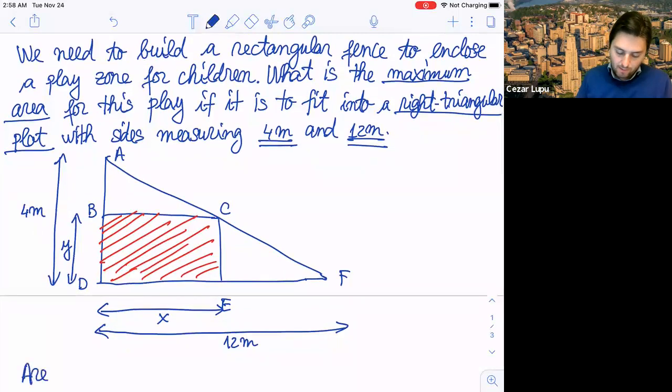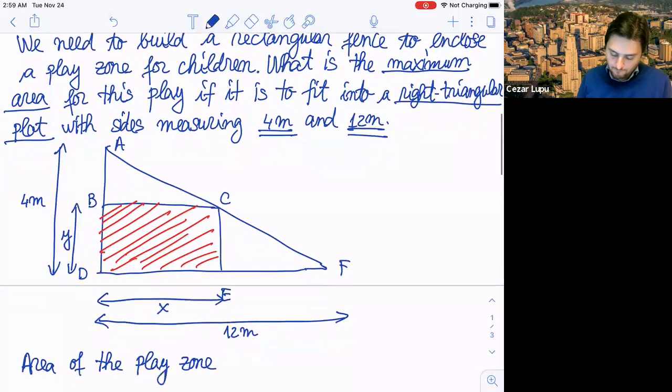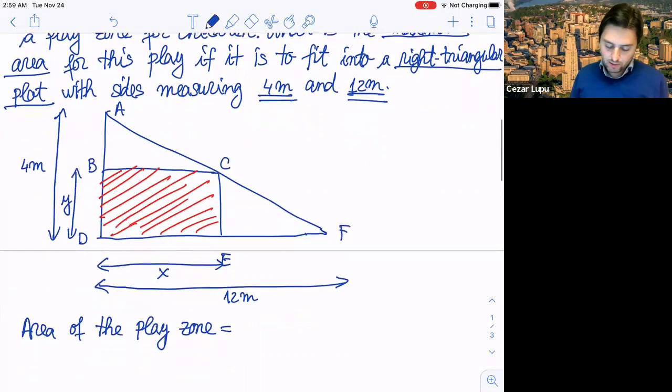So the area of the play zone is nothing else than just, well, let's call this A. So A will be the area of the play zone, and this is nothing else than just X times Y, right? Is the area of the rectangle BDEC, right? And the area is X times Y. Okay.